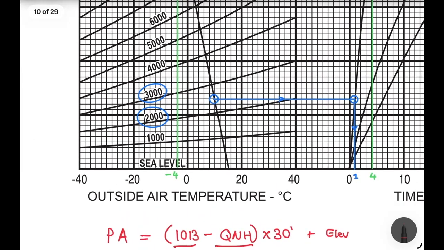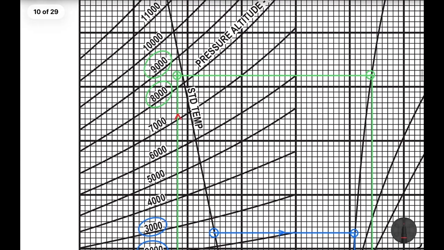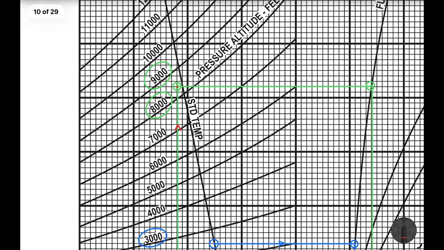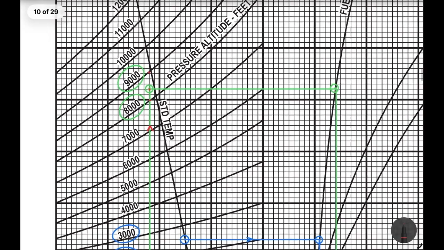At the bottom we have -4 degrees Celsius, and then we draw a line straight up until we intersect with 8,500 foot, which is exactly between 8,000 and 9,000 foot. The easiest way to do that, what I normally do, is take a ruler and measure the distance between the two lines, halve that, and plot my dot right between the two of them.